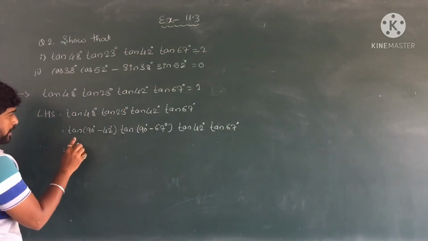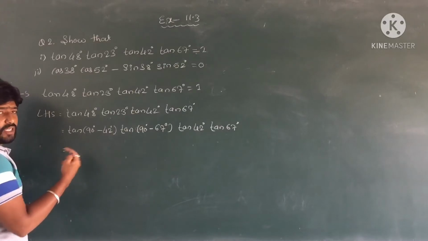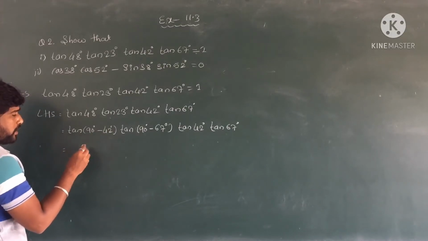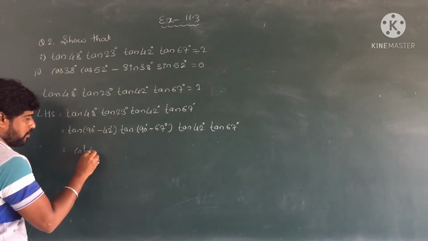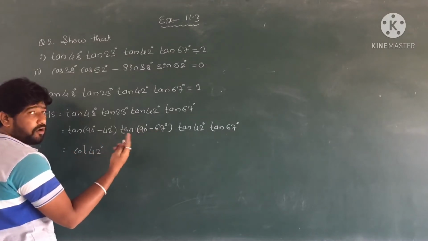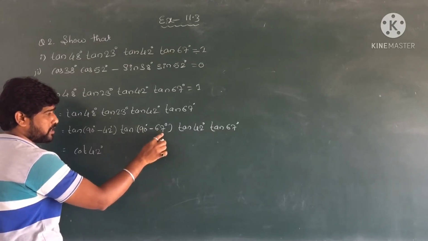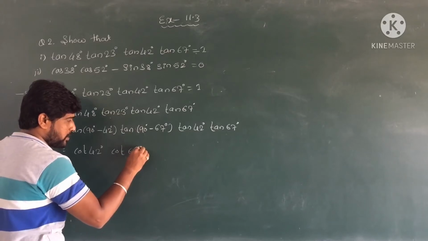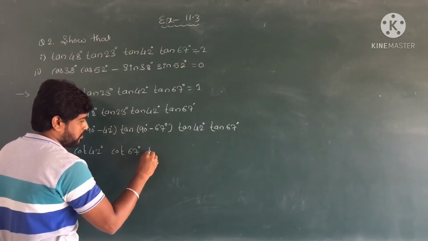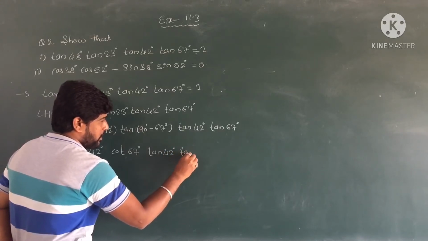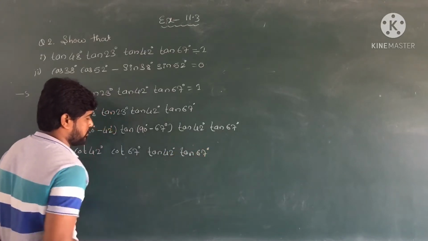So here already we know that tan(90 minus theta) is cot theta. So tan(90 minus 42) is cot 42. And here also tan(90 minus 67) we can write as cot 67, into tan 42 and tan 67.